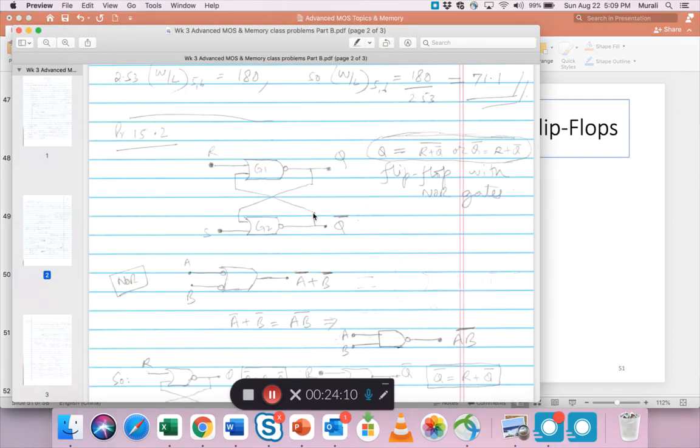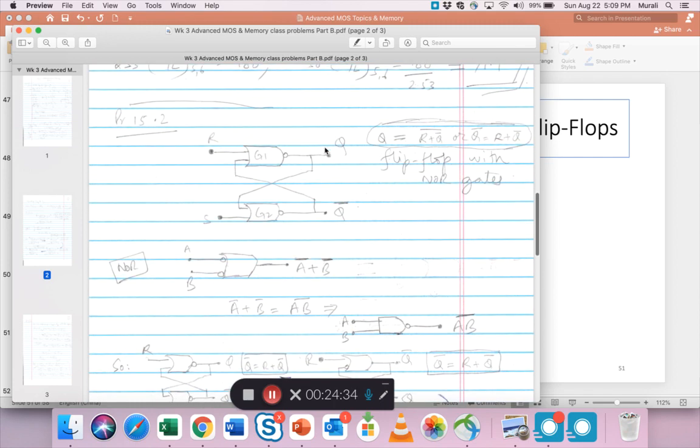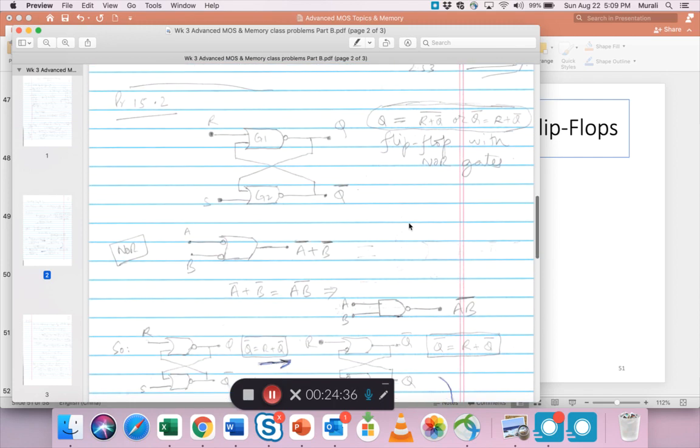So if you look at the output and try to write the logic equation, the output of Q is R or Q bar, right? Q bar comes in like this, R or Q bar. So Q equals R or Q bar, or you can put the complement on the Q and say it equals R plus Q. Okay. So that's just something to help us do the rest of it.